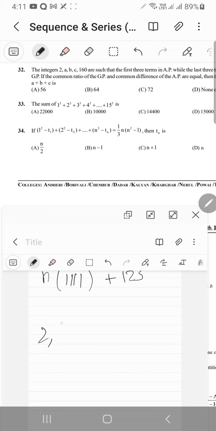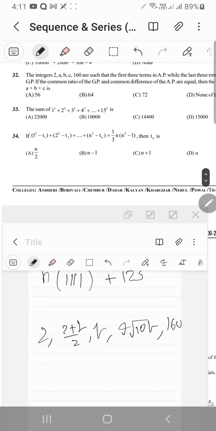So it's 2, and (2 plus b) upon 2, and then b, and then for c it's just 160b but the square root of that, which will be 4 square root of 10b, I think, and 160. If the common ratio of the GP and the common difference of the AP are equal, then the value of a plus b plus c is, cool.